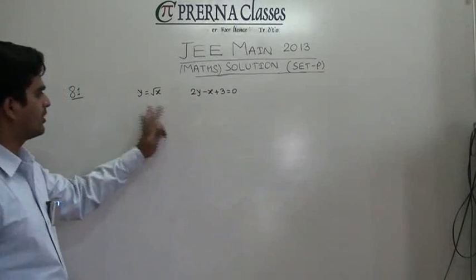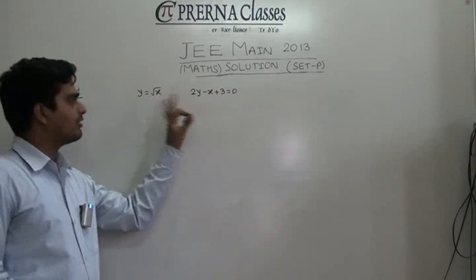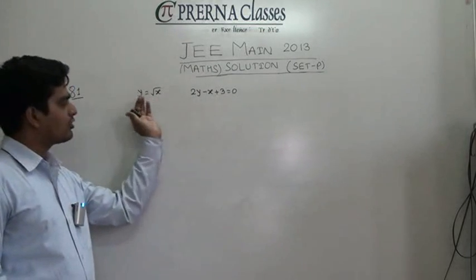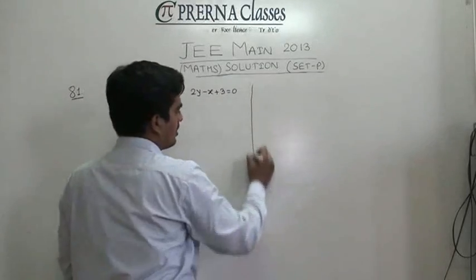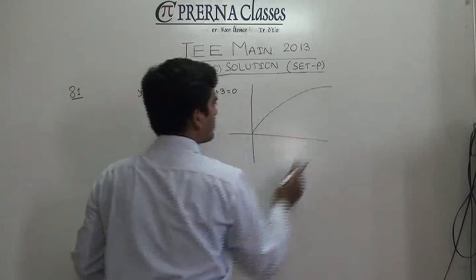In the 81st one, we have this information that we have two curves, one is a parabolic one and the other one is a straight line. What you need to do is figure out the area enclosed by this curve, this line and the x-axis in the first quadrant. If you observe, y equal to root x is going to be of this type.